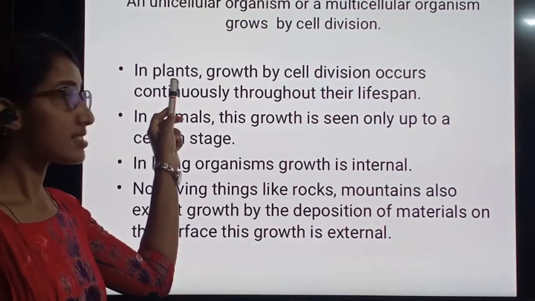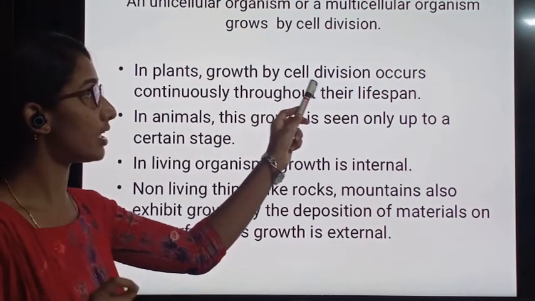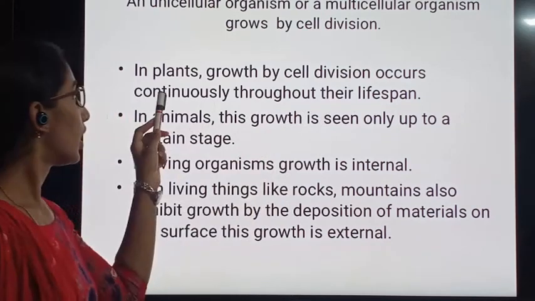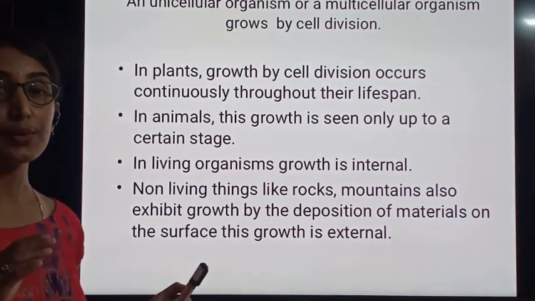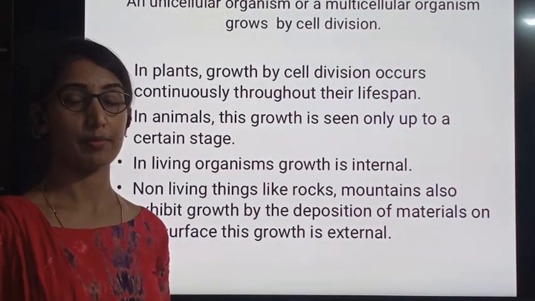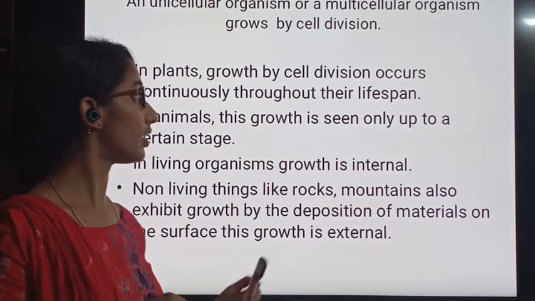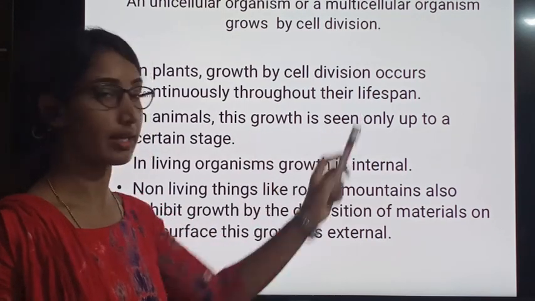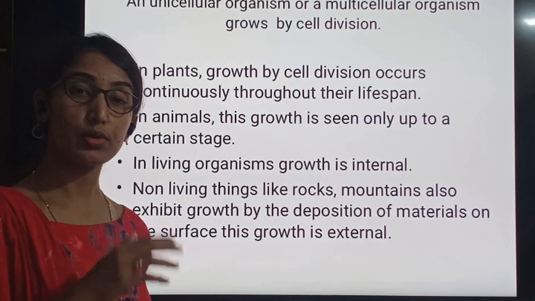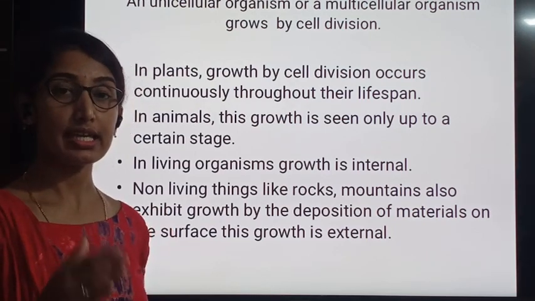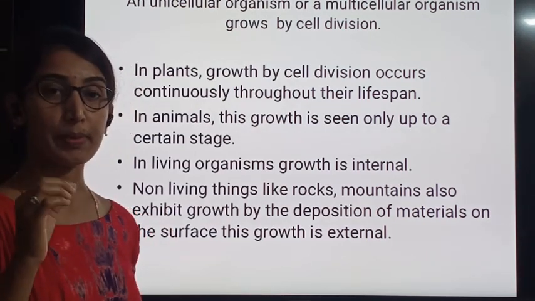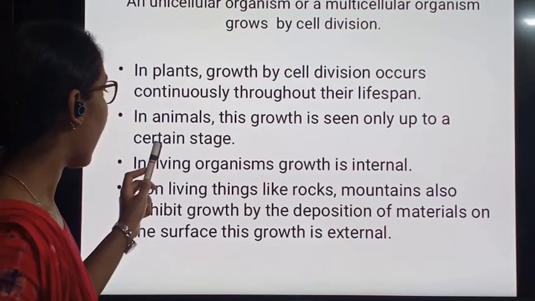In plants, growth by cell division occurs continuously throughout their lifespan. Why are we specifying here throughout their lifespan? Because the same growth and development ceases at a particular period in animals.